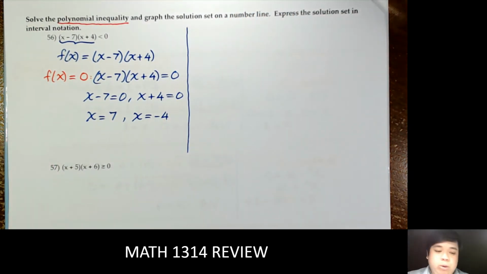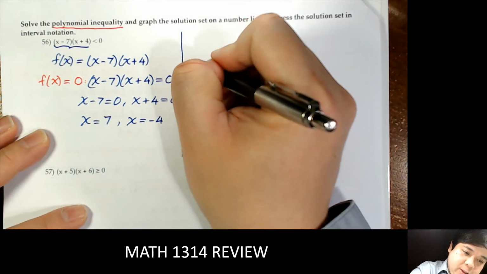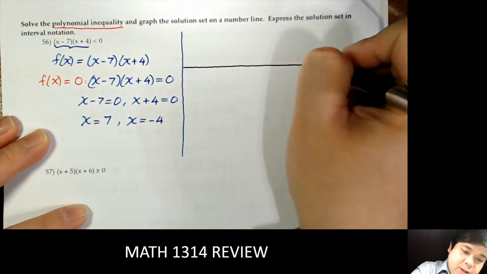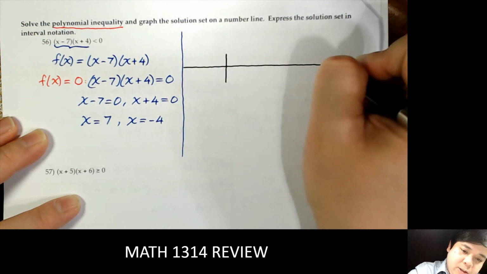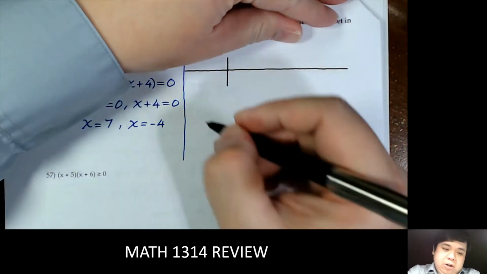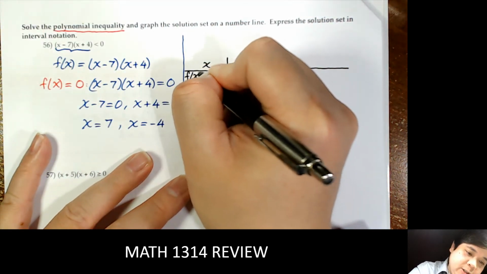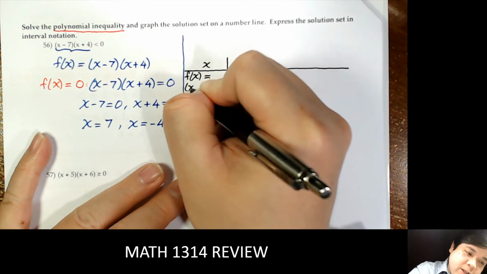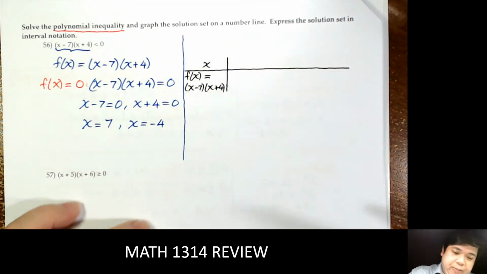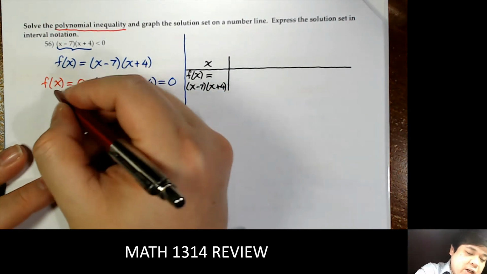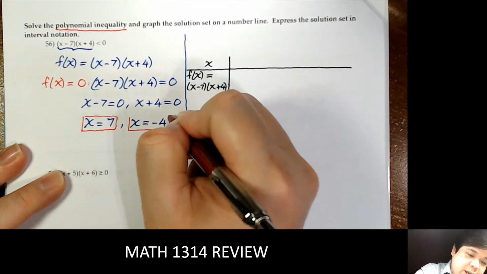Next, we'll build the sign chart. The sign chart on the top is going to be x, the bottom is the function x minus 7, x plus 4. Right. So when we let the function equal to 0, we found two values, 7 and negative 4.